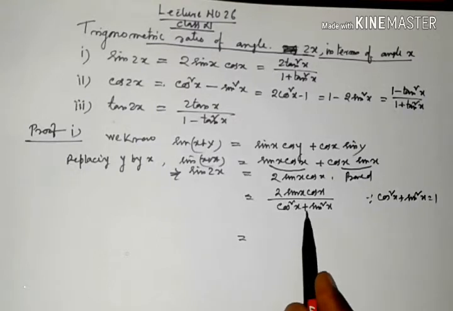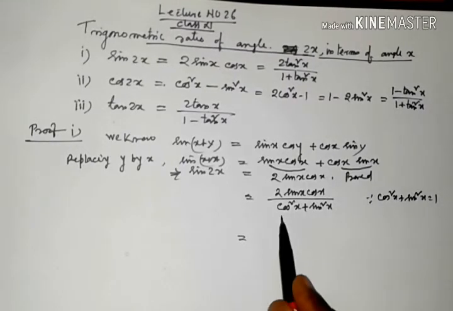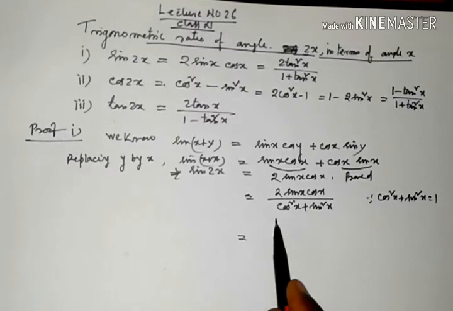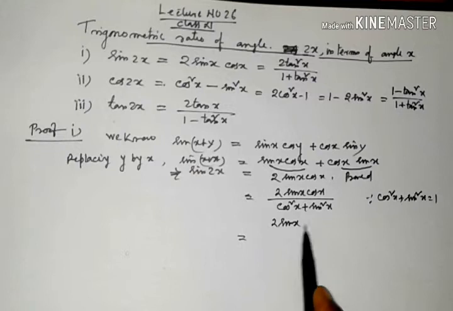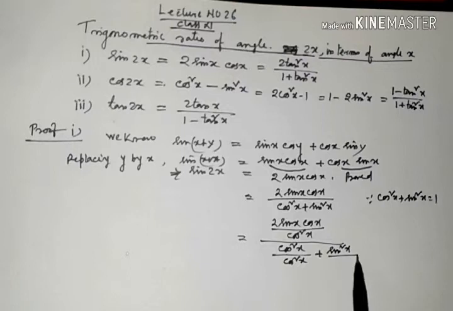Now we divide numerator and denominator by cos square x. 2 sin x cos x by cos square x, and in the denominator cos square x by cos square x plus sin square x by cos square x.